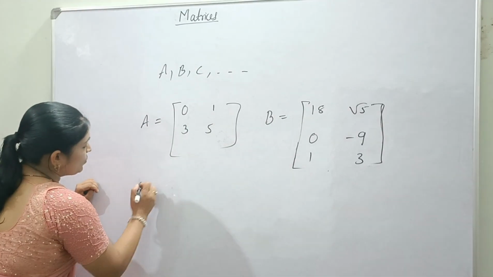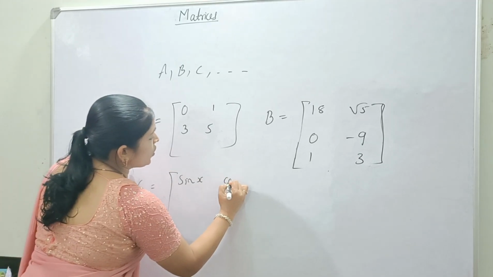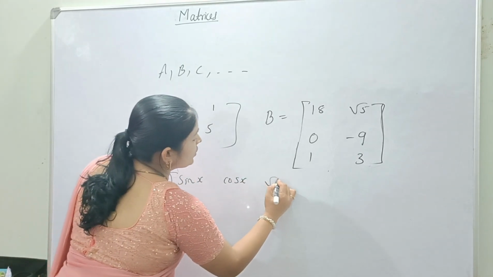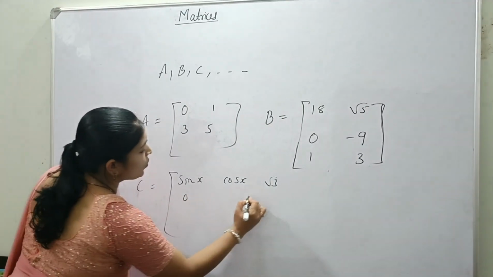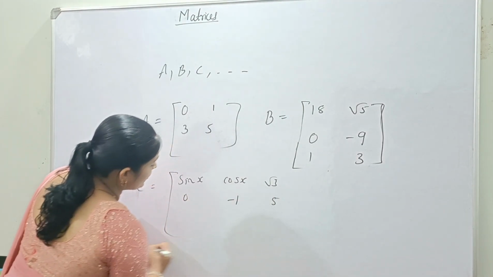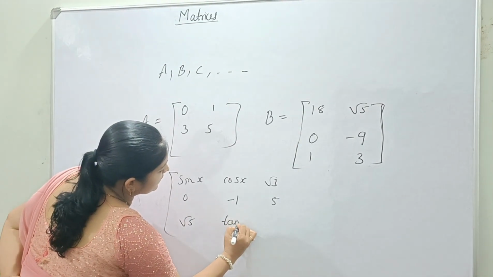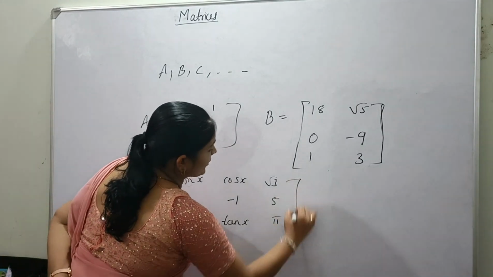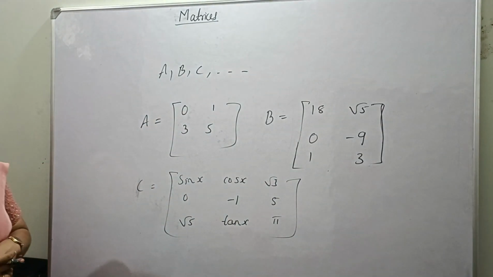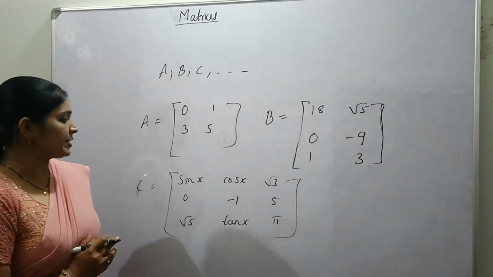Matrix C is equal to sin x, cos x, root 3, 0, minus 1, 5, root 5, tan x, pi. So these are the examples for matrices.